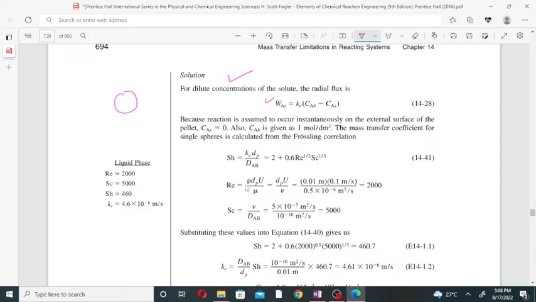Suppose this is a catalyst particle present in a very dilute fluid, and this is the hydrodynamic boundary layer. For the dilute case, the flux of component A in the radial direction will be equal to Kc times the difference between the concentration of component A in the bulk and the concentration of component A at the surface of the catalyst, where Kc is the mass transfer coefficient.